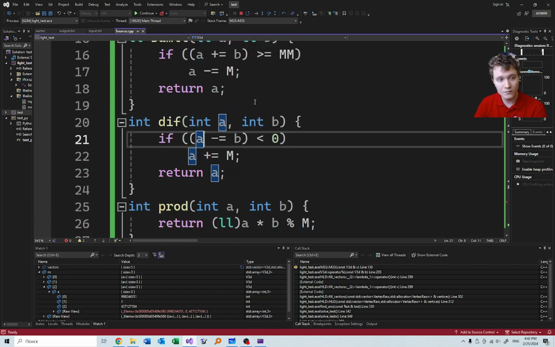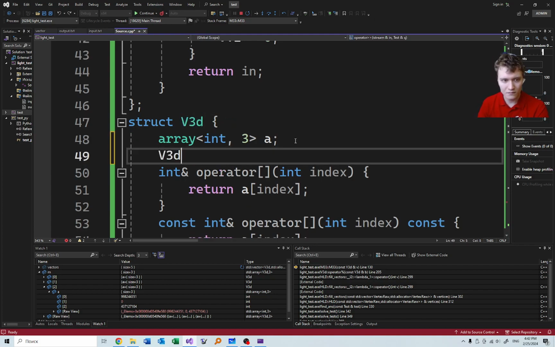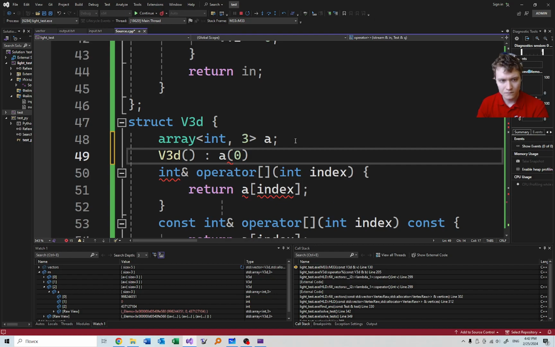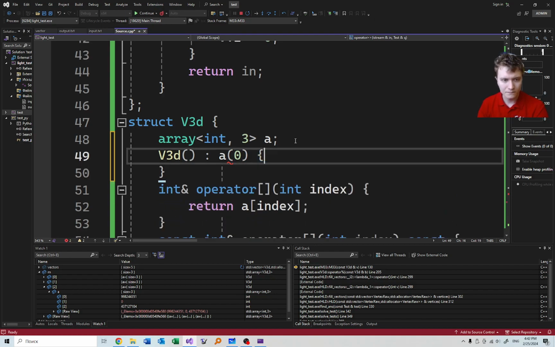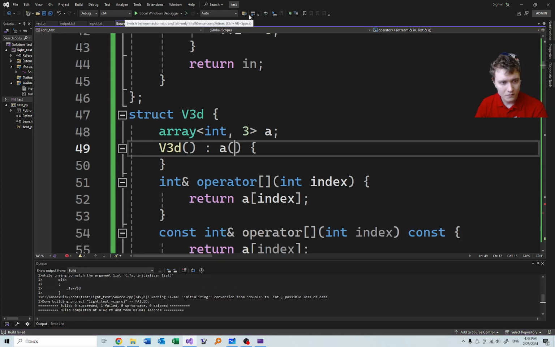So v3d should have a constructor. If we did it, does it work? Or not?